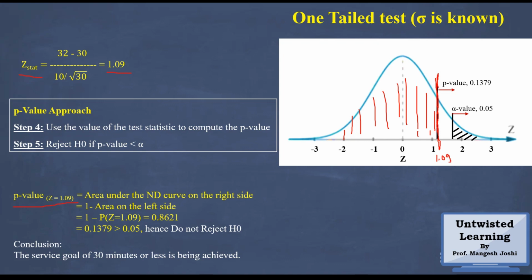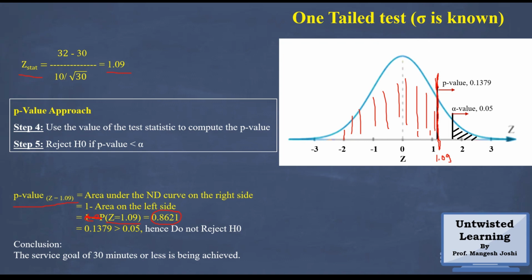So this will become the p-value of Z equal to 1.09, which equals the area under the normal distribution curve on the right side. That is equal to 1 minus the area on the left side, right? So that is 1 minus p at Z equals 1.09. Using the Z distribution table, we can see that this value is 0.8621, right?